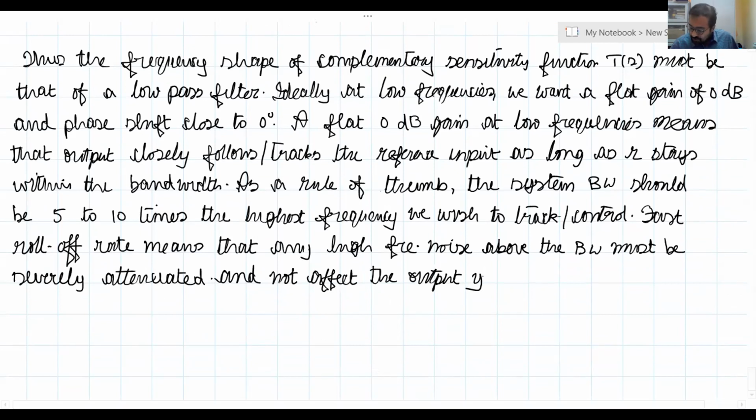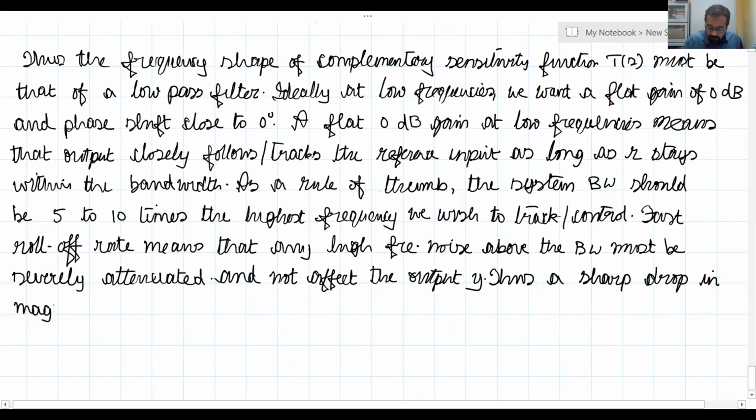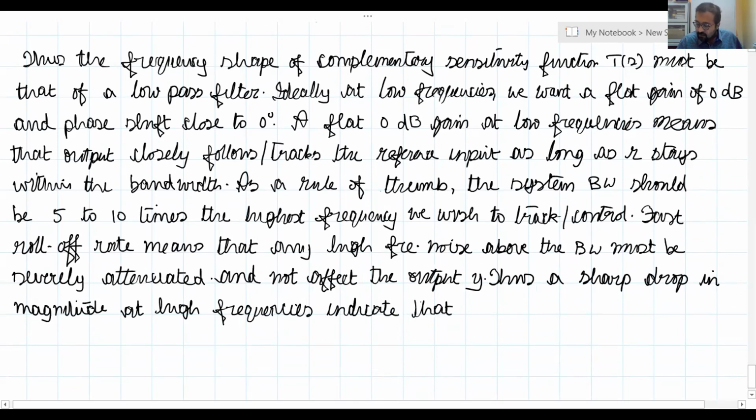Thus, a sharp drop in magnitude at high frequencies indicates that the system has good noise rejection characteristics.